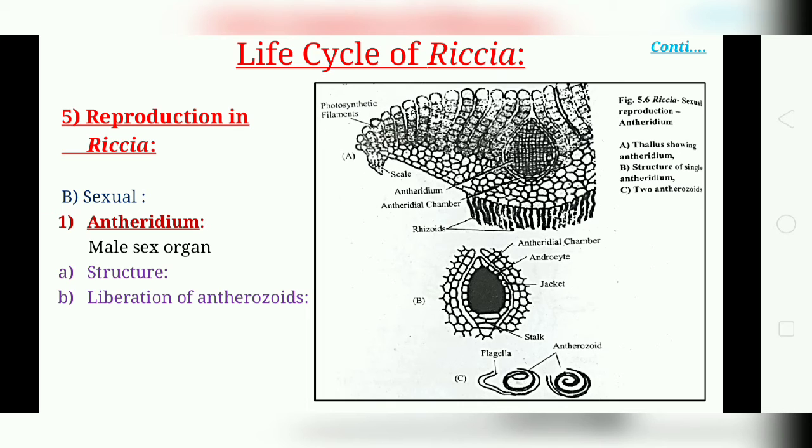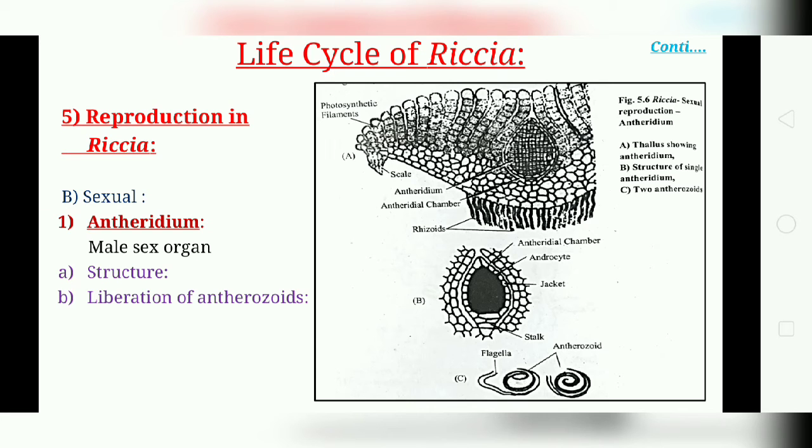The antheridial body shows two distinct regions of thin-walled cells: an outer sterile layer called the jacket layer, and a central mass of a large number of cubical androgonial cells. This antheridium is enclosed within an antheridial chamber, which communicates to the outside at the dorsal surface by a pore.